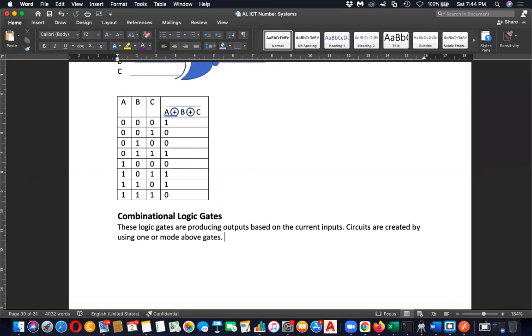Let's give an example. When you have a digital clock, what will happen? A digital clock always considers the previous status. It moves forward from the previous status.